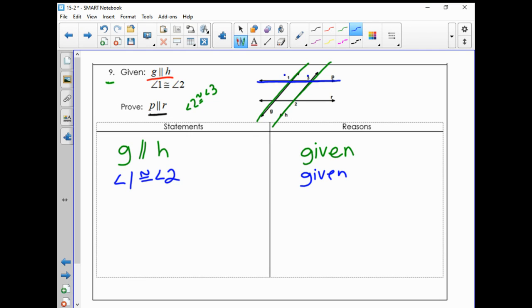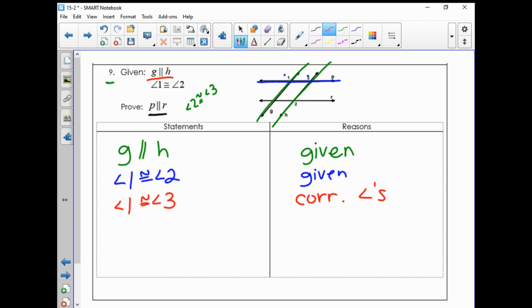That lets us know that 1 and 3, which are what kind of angles? Angle 1 and angle 3 are going to be congruent because they are corresponding angles. So we know that if the lines are parallel, then corresponding angles are congruent. So we're going to say the corresponding angles theorem tells us that those two are congruent.